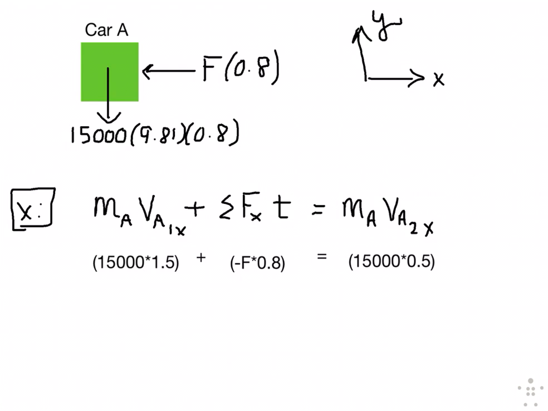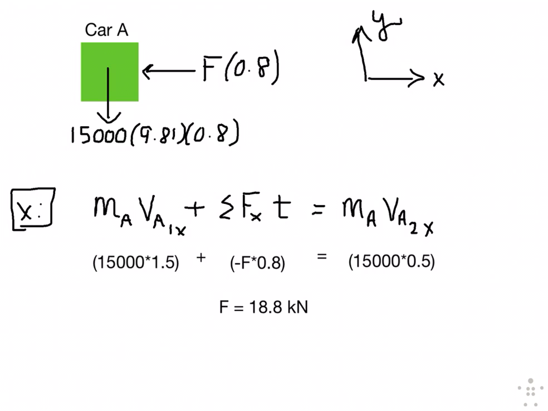That's going to equal our final momentum for car A, which is the mass of 15,000 times the final velocity, which is 0.5. Then when we solve for F, we see that the impulsive force between the two cars is 18.8 kilonewtons. So that completes this example.